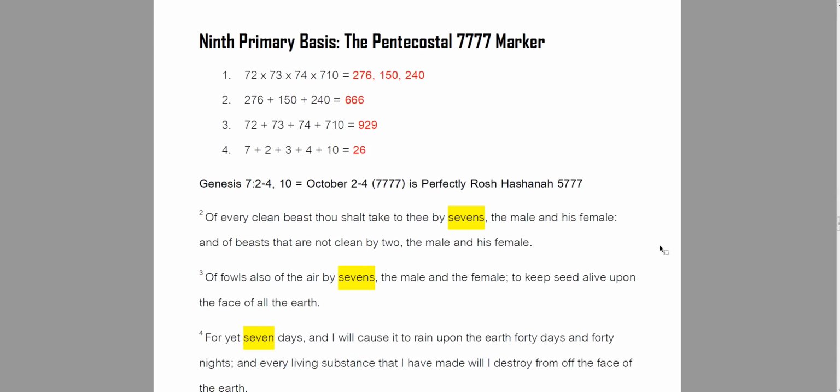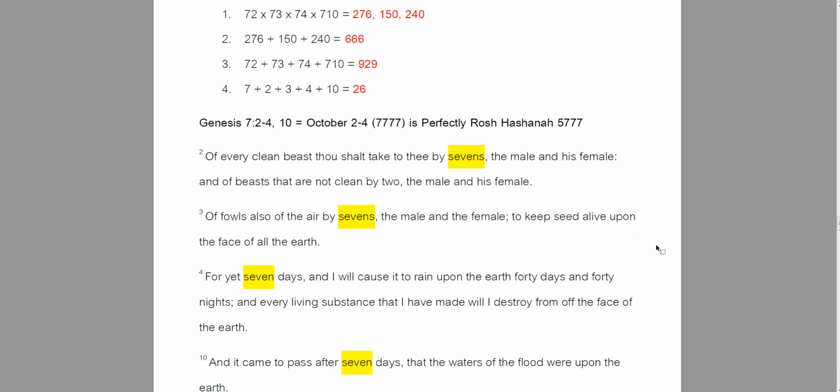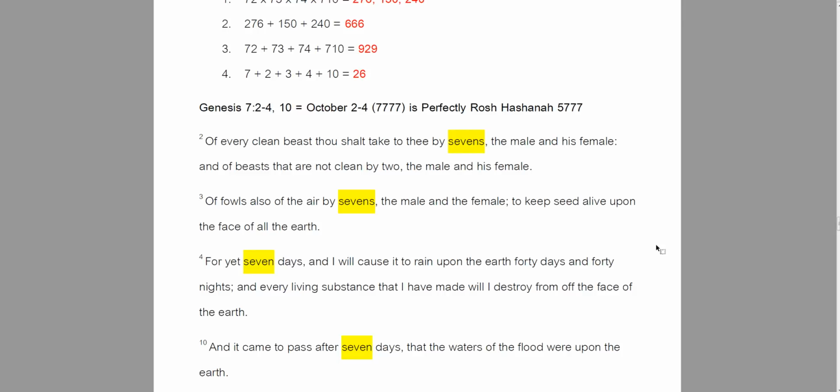So when we do the clockwork of Genesis chapter 1 to 24 in the book of Genesis, it's very interesting to see that early chapter 7 in Genesis 7 mentioned the word sevens 4 times. One in verse 2, one in verse 3, one in verse 4, one in verse 10.